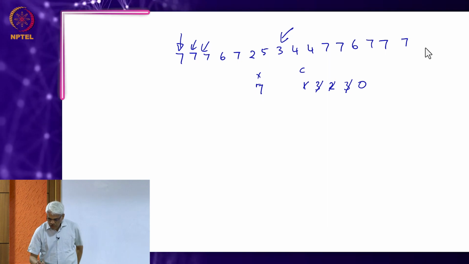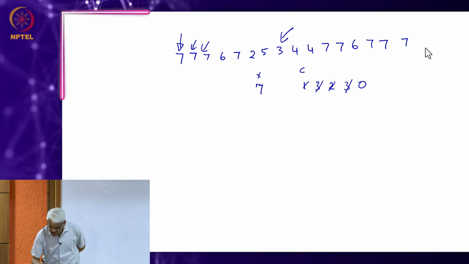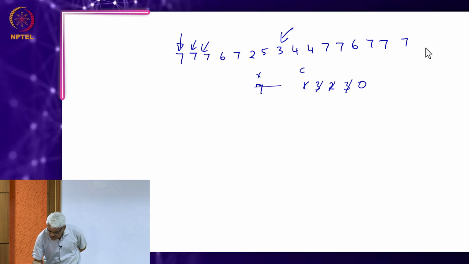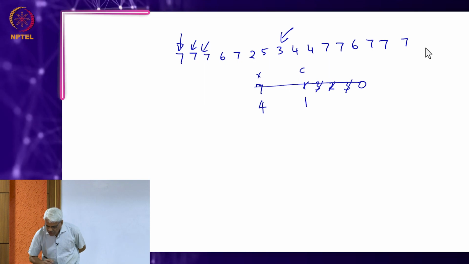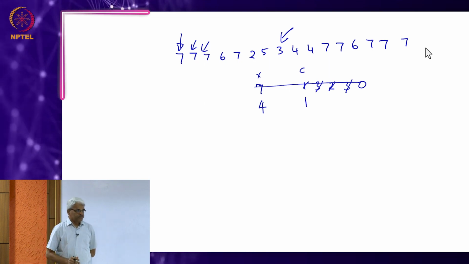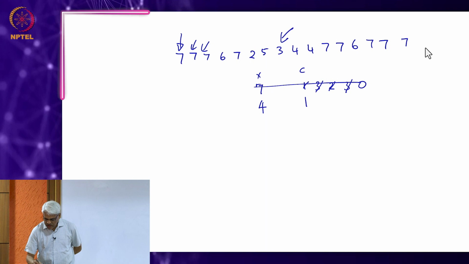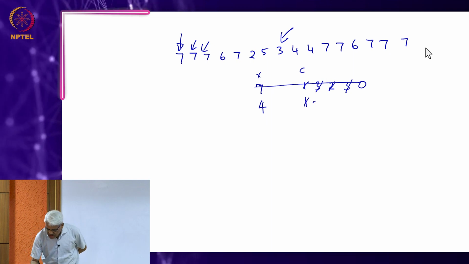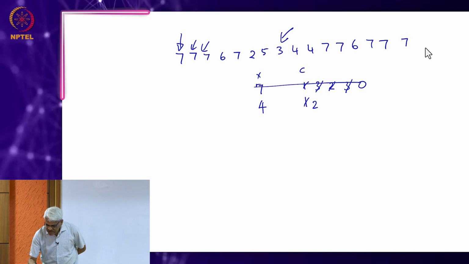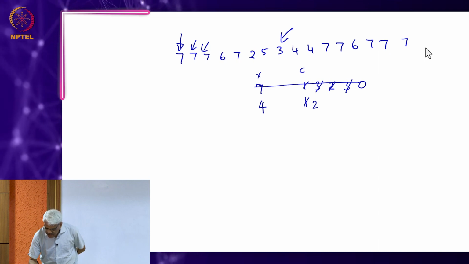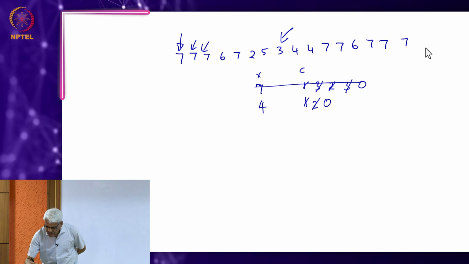Now 4 comes. So this is going to be thrown out, and now 4 is going to occupy it with the counter 1, because the counter had become 0. Then next I see 4, so the counter gets incremented to 2, and then I see two 7s, which will decrease the counter to 0. So I'm at this point.